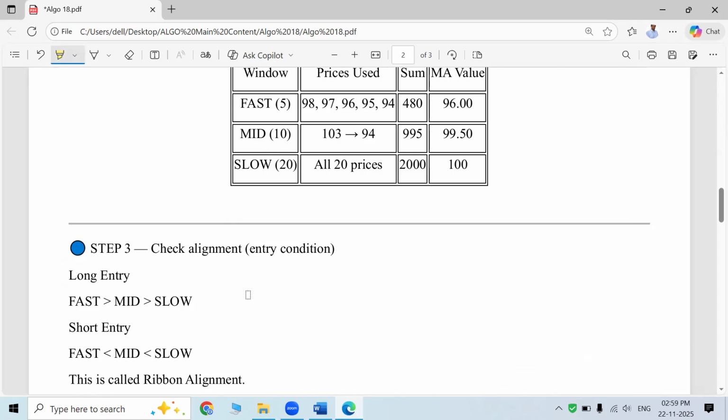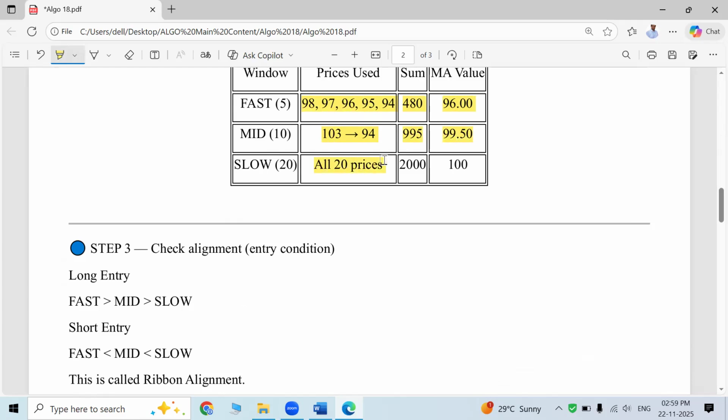Let me consider an example. These are the 5 different prices which are changing. The sum of these 5 prices divided by the number of readings, 5, gives 96. Similarly, suppose we collected 10 readings; the total of these 10 readings is 995, divided by 10 gives 99.5.